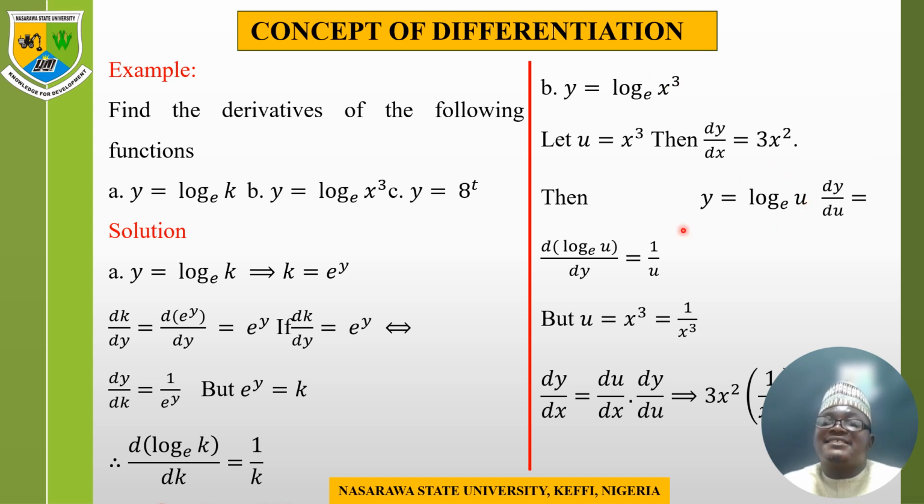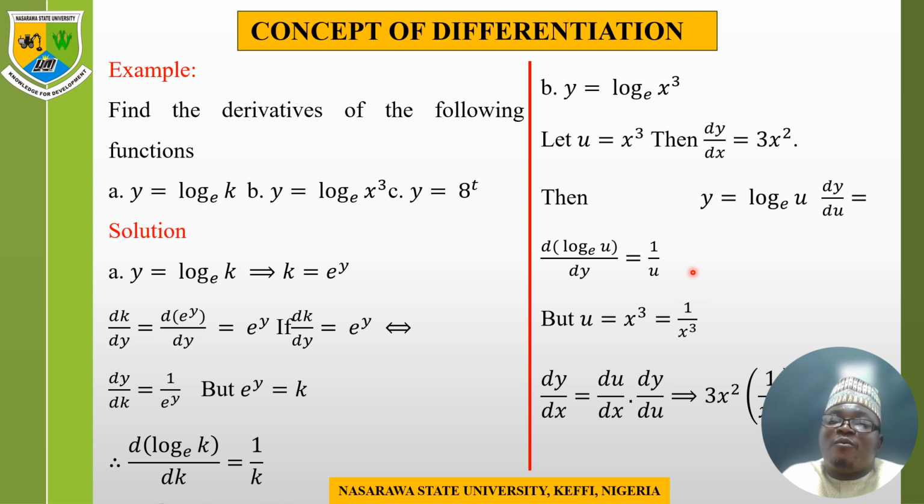Then du dx. Now du dx is going to dy du now. Remember du dx, we get something here. Then dy du, we are going to have 1 all over u. But we know that our u is x raised to power 3.